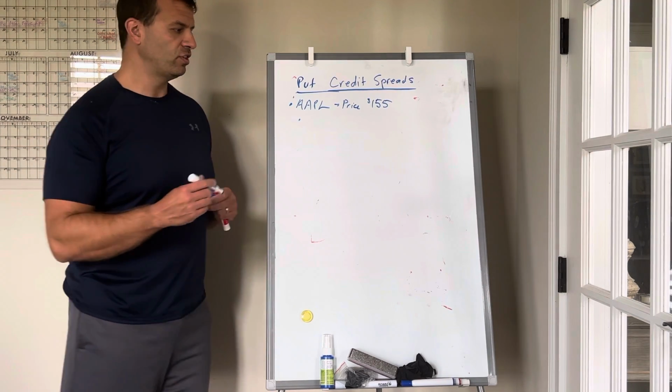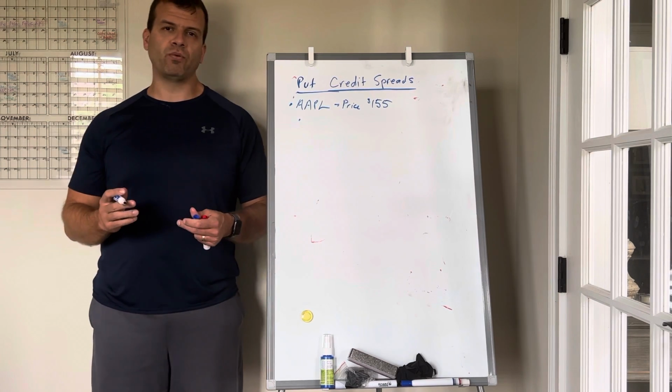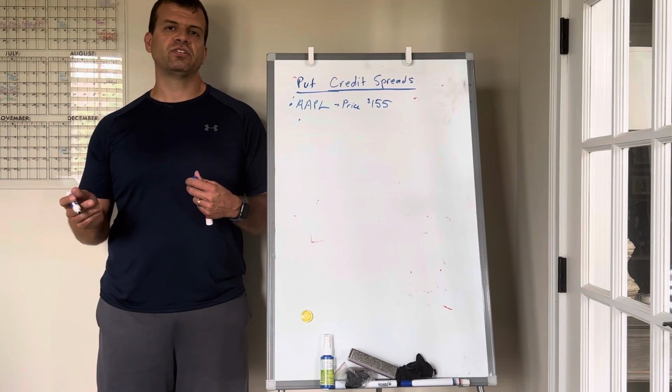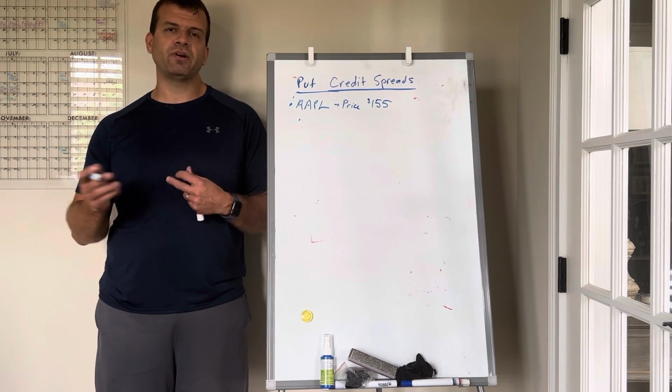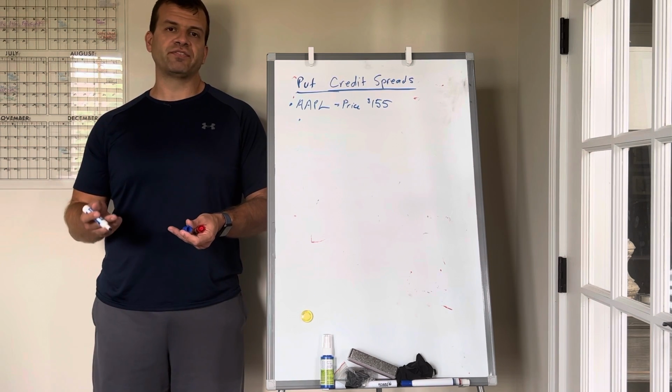And so what you do is you say, I think it's going to stay above 140, but if it does go down, I want to cap my max loss. So I'm going to buy a $135 strike put.